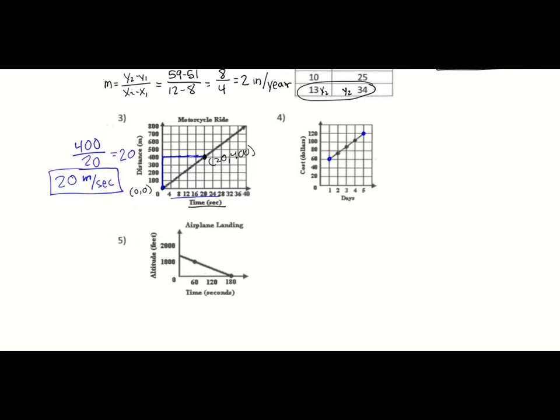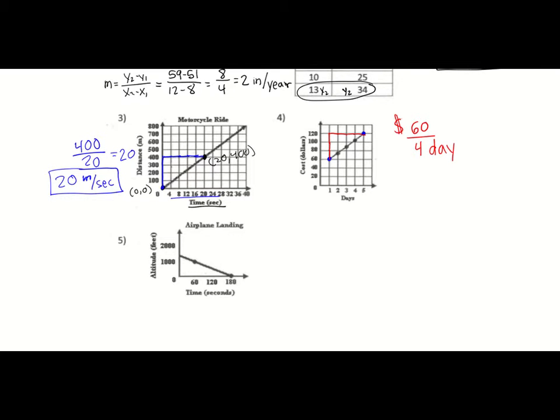So that means I'm counting by 20s instead of 1s. So if I go up, I go 20, 40, 60. So my rise is 60. And my run, I'm going by 1, so I can count by 1s. 1, 2, 3, 4. So $60 for every day.